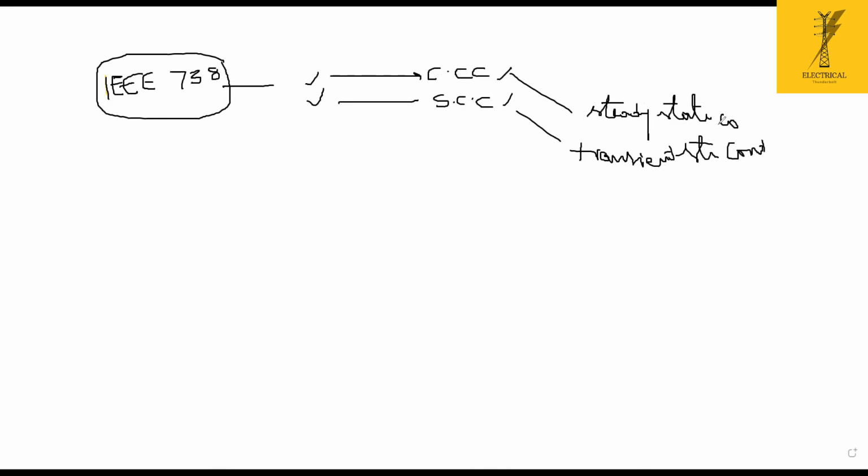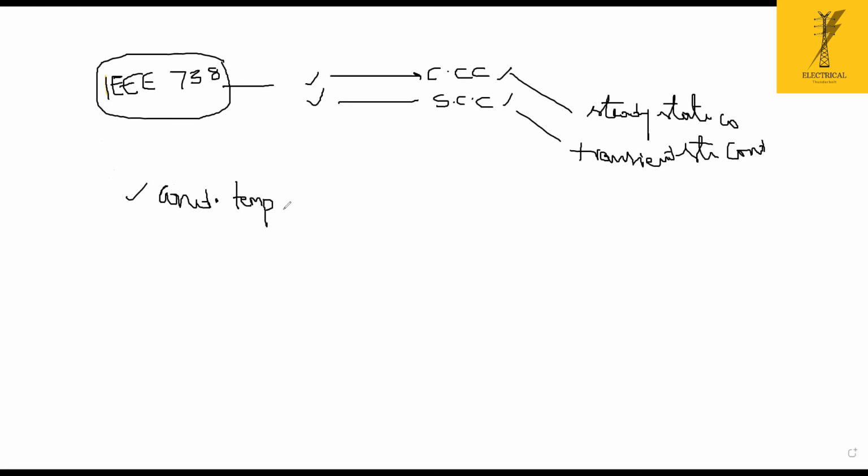So what is the steady state and what is this transient state condition? And what are the inputs we require to develop this conductor sizing? So let's talk in this way. First of all, to do the steady state thermal rating, the first step is to assume the conductor temperature.